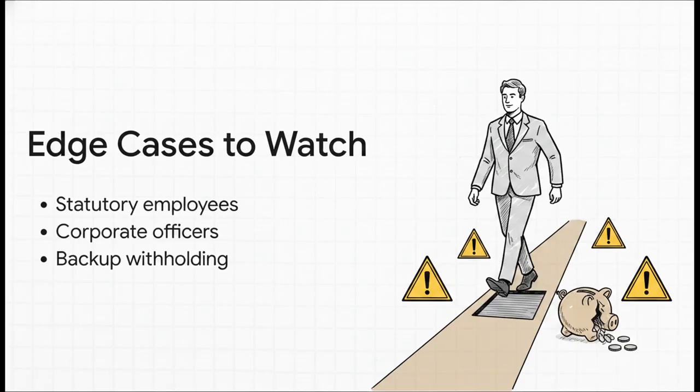Under IRC Section 3121(d)(1), an officer who renders services is treated as an employee. Paying a corporate officer purely via a 1099 is a classic, easily caught misclassification. Also, don't forget IRC Section 3406. If a contractor doesn't give you a W-9, you are legally required to do backup withholding on their payments.